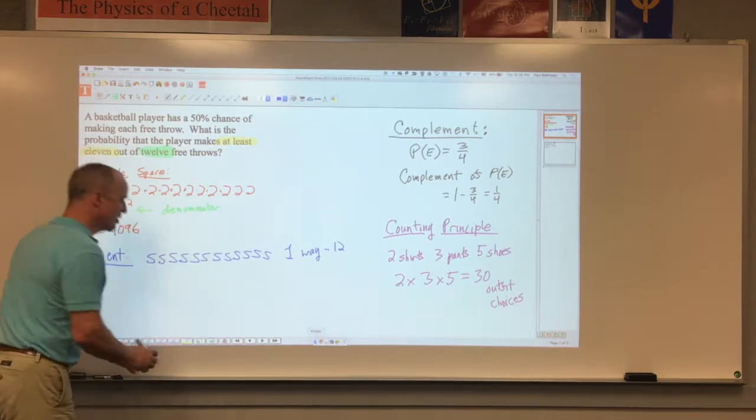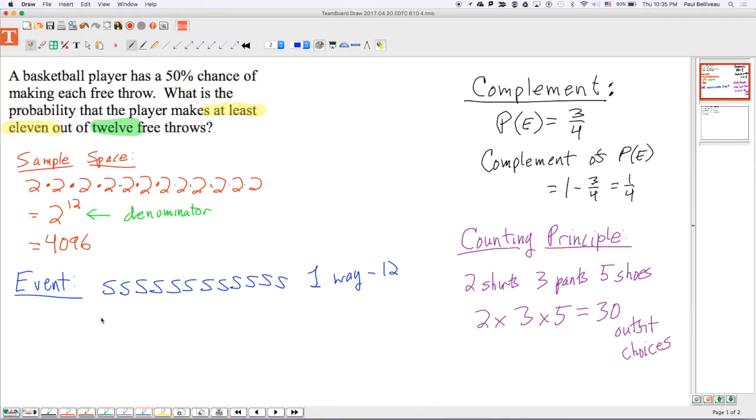Well, if we were going to fail once and we could pick the number of ways to do it, we could fail on the first one, and we could make the next 11. Or we could fail on the second one, succeed once, fail once, and then succeed the remaining 10 times.